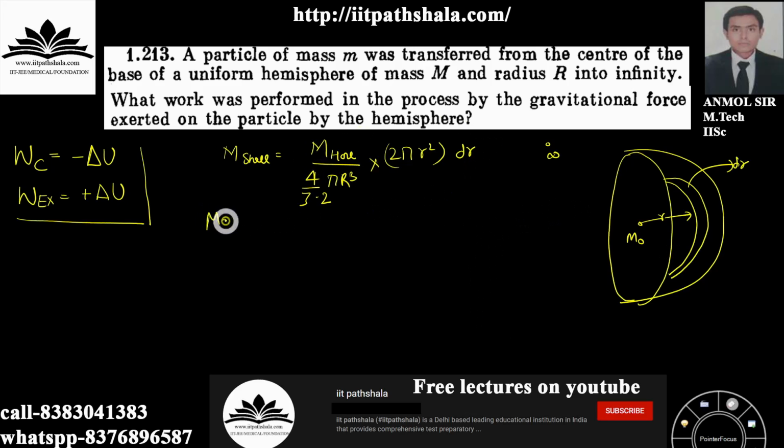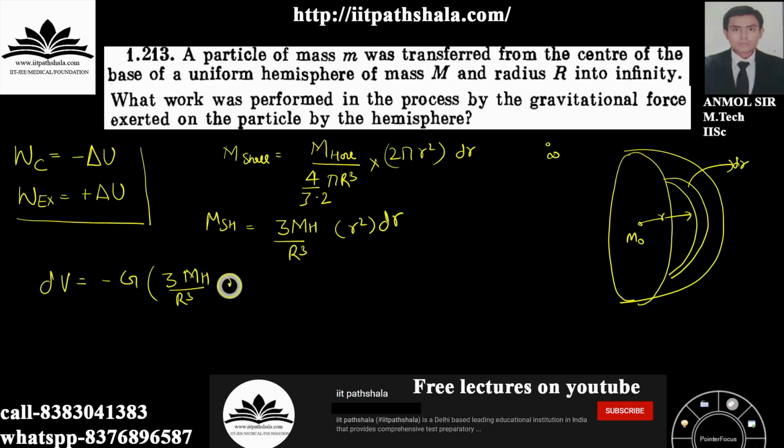Now mass of shell is coming out to be mass of solid hemisphere, and after removing all the variables, 3 upon R cube into r square dr. Okay, now you are concerned with the potential itself, so I'm writing the potential here: minus G, mass of the shell itself, 3 mass of the hemisphere upon R cube r square dr, and you are r distance away from the center.